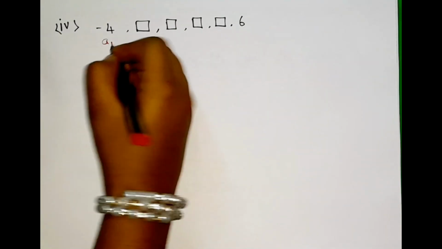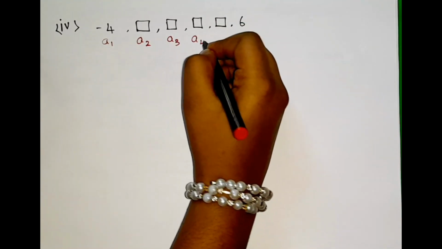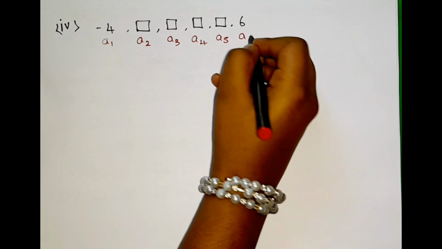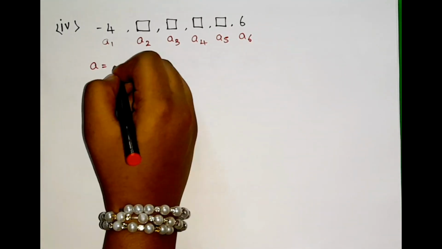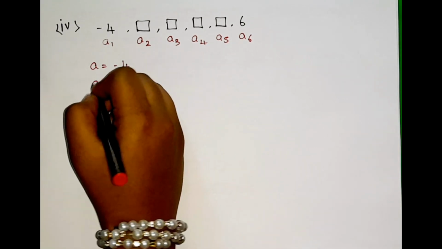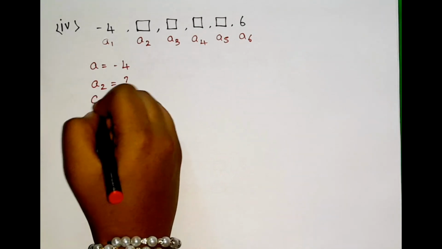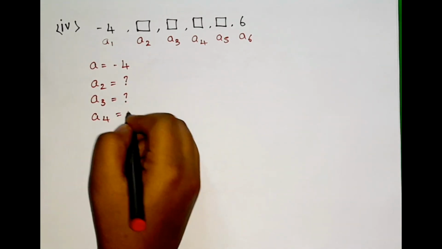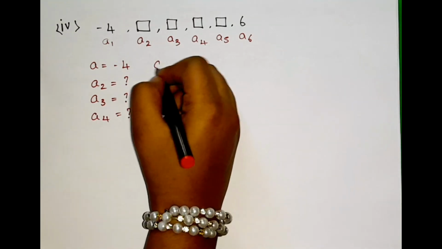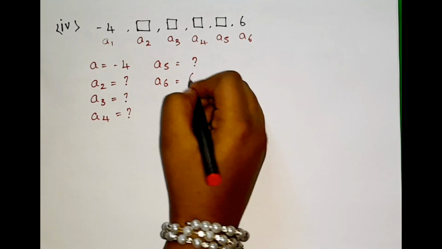This is our A1 value, A2, A3, A4, A5, and A6 value. Here we know the A value, that is minus 4. A2, A3, A4 and A5 are question marks, and the A6 value is 6.